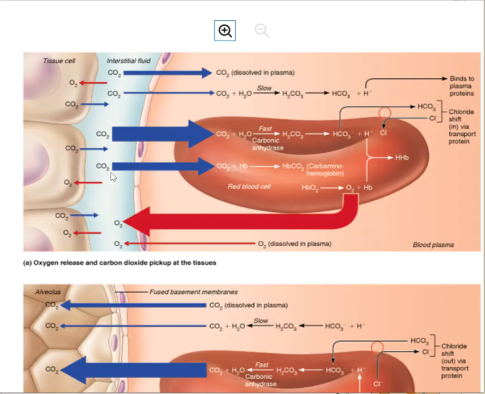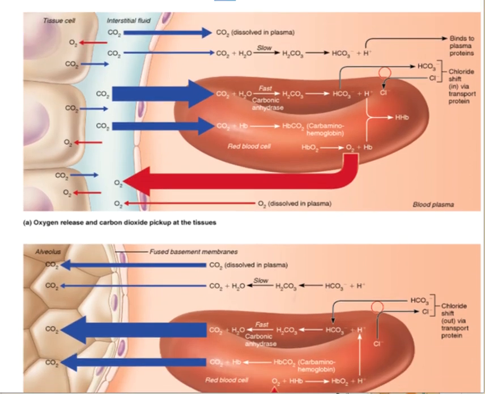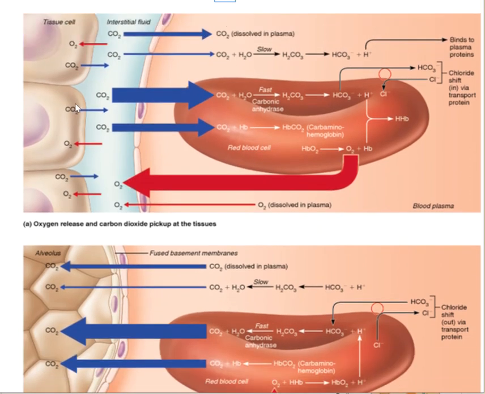Okay, so let's start down here. Here's the tissues producing carbon dioxide. It goes in interstitial fluid. It goes in. If there's hemoglobin available, and there might be some because we got rid of oxygen, any hemoglobin that's available, it'll bind to the globin portion, not the heme portion, and it'll form carbaminohemoglobin.